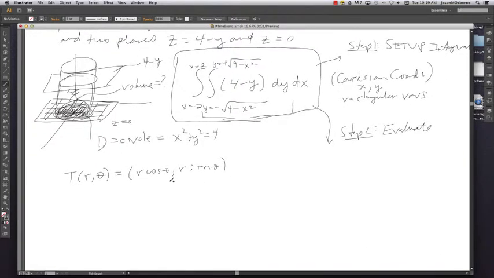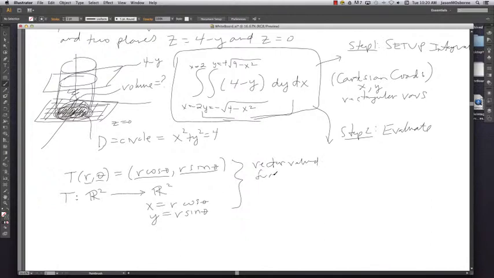It's a transformation that takes two variables and gives you two new variables. X is the first entry, and that function is r cosine theta, and the y entry of our vector is r sine of theta.